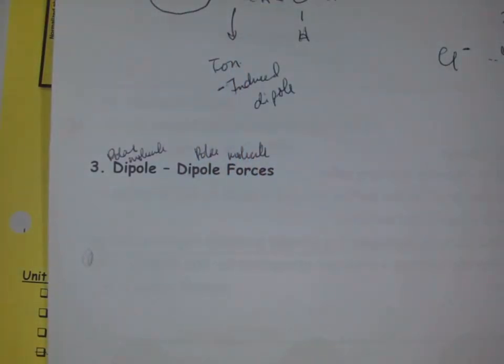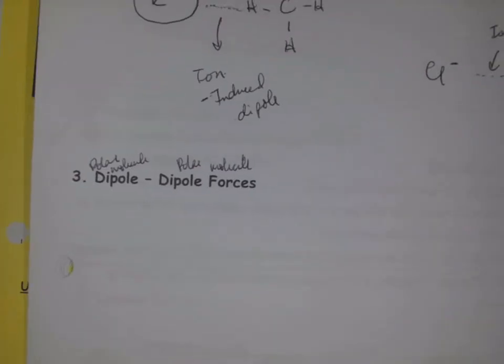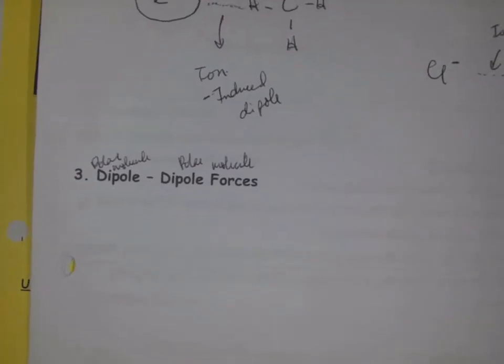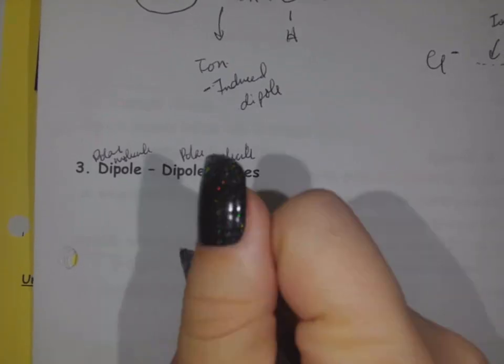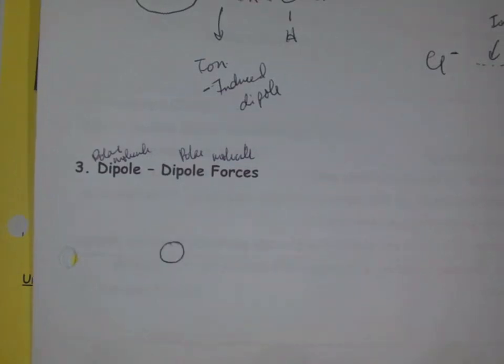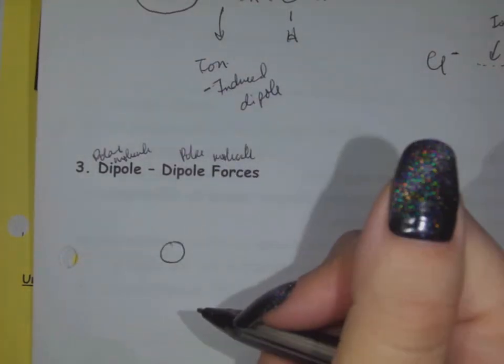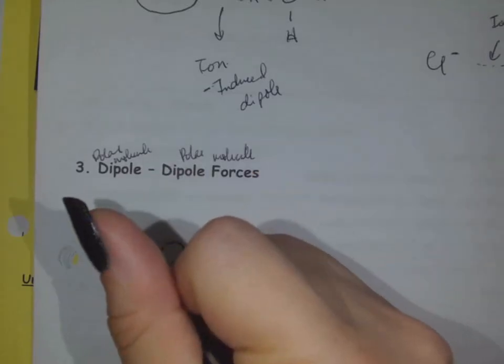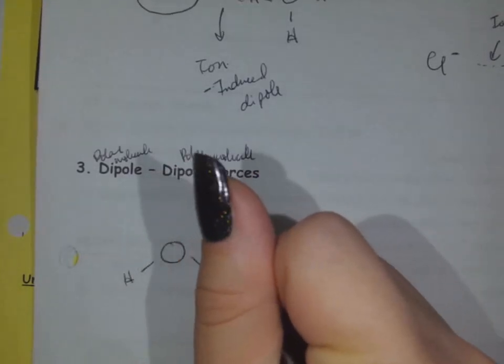Okay. Now, water shows up so much. Please do not forget that water is a polar molecule. The reason why it's a polar molecule is because it has 4 domains and we get an asymmetry. Not all of the domains are the same.